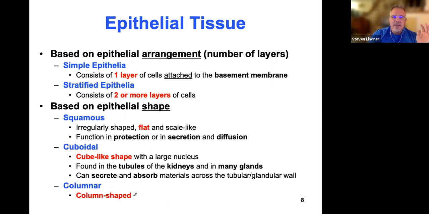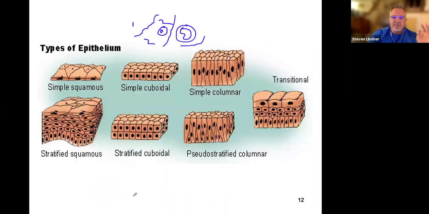All right. So let's take a look at the picture. So here we see at the apical surface, this is one cell layer thick. We see this is one cell layer thick. And we see this is one cell layer thick from top to bottom. So all of these have the term simple associated with it.